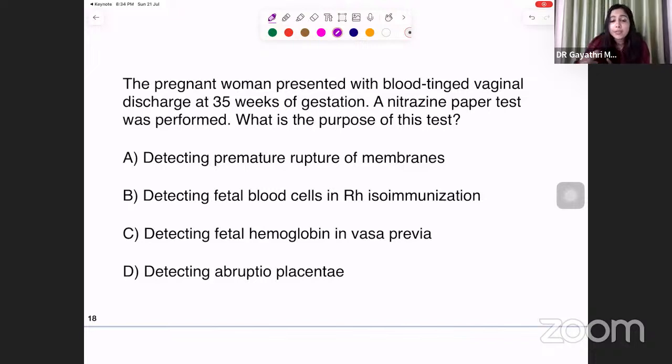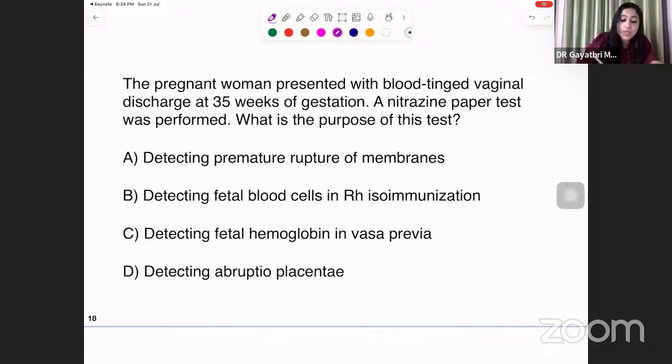So the basic principle is that the vaginal secretion, as you know, is acidic. Vaginal secretion is acidic and the amniotic fluid is more alkaline. So basically, whenever such discharges come, we have some differential in our mind. One is maybe she is leaking urine, or it could be excessive vaginal discharge. Next is maybe it is the frank amniotic fluid that is coming out after a rupture of membrane.